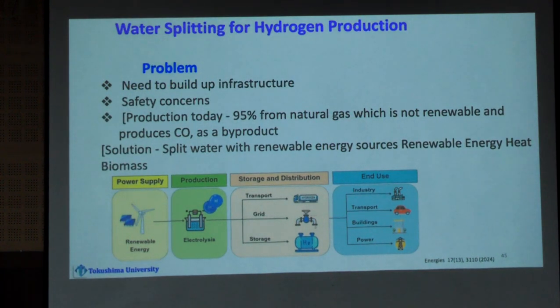Now, when we think about hydrogen production, what are the measures we must consider? We have to build the infrastructure, because at present there is no infrastructure. And safety concern is also a problem that we are dealing with. We are not sure how much energy sources we have at this moment and when they will finish.